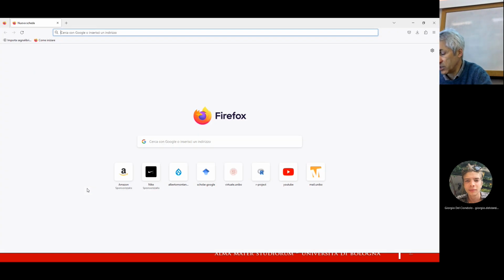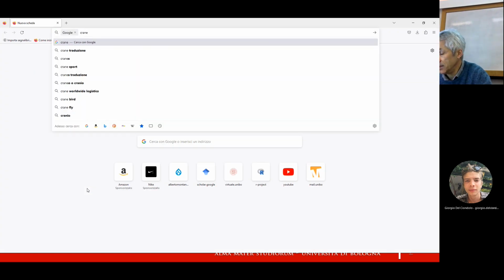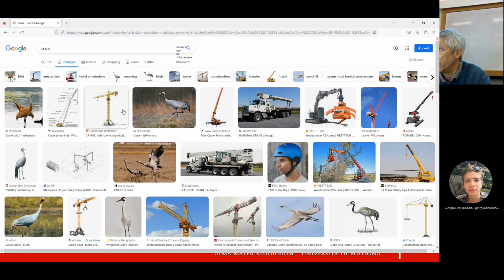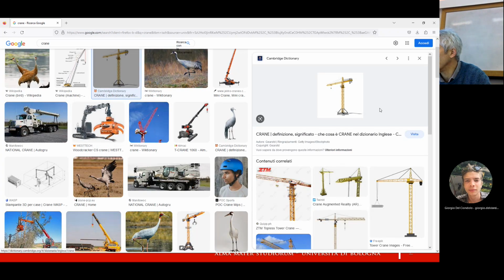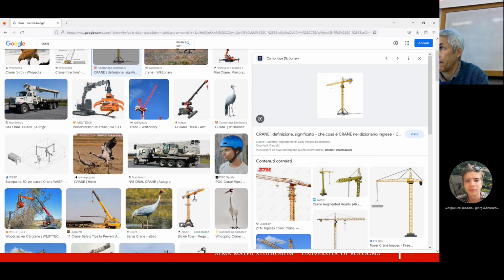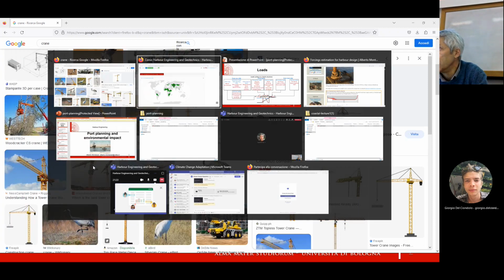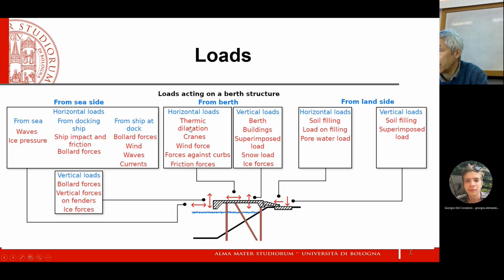I'm sure you know what cranes are, but just to make sure, again, Google images. This is a crane. Okay. And the cranes, of course, are widely used in berths, especially in important berths, and they can cause horizontal loads because they move typically. They move also the goods in the horizontal direction.